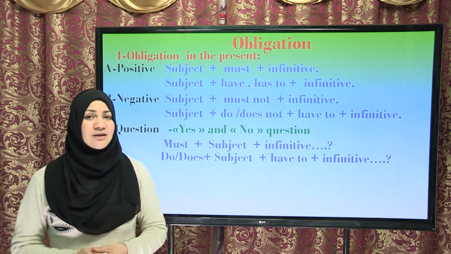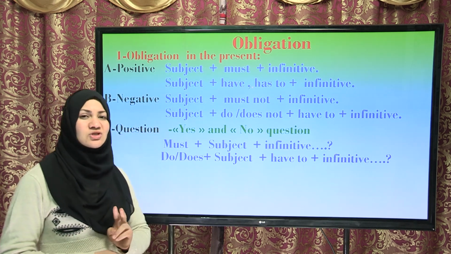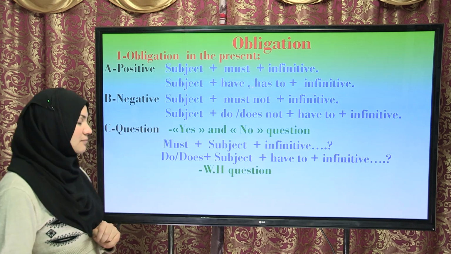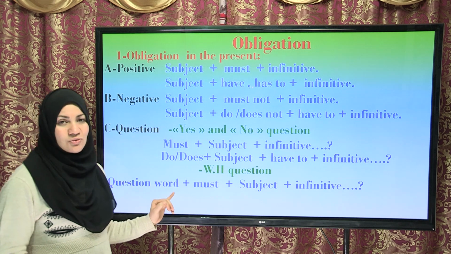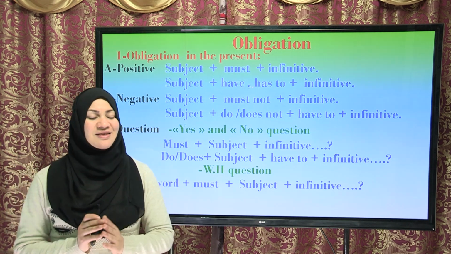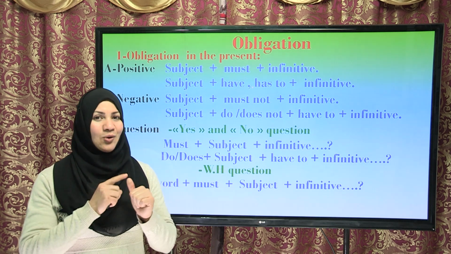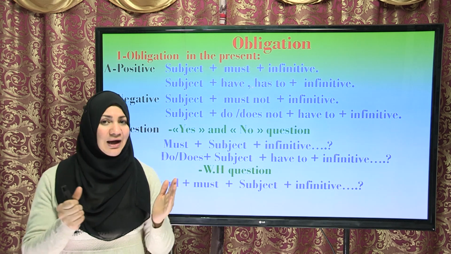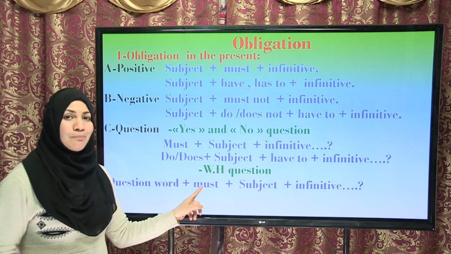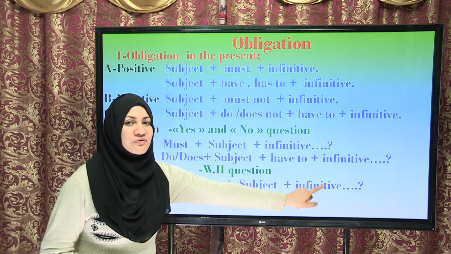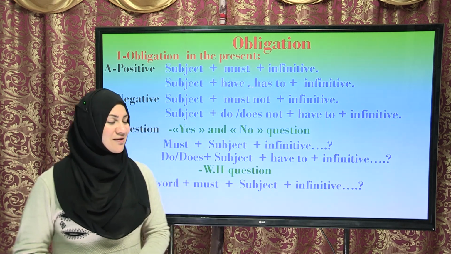We have the second type of question, which is the WH question. The form is question word. Of course, we have explained before many times what these question words are. I repeat: what, when, where, who, why, how, plus must, plus subject, plus infinitive, the rest of the sentence and question mark.